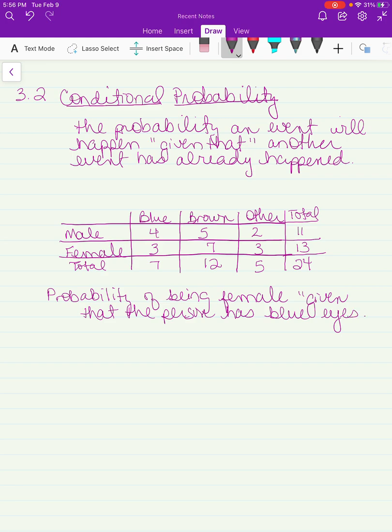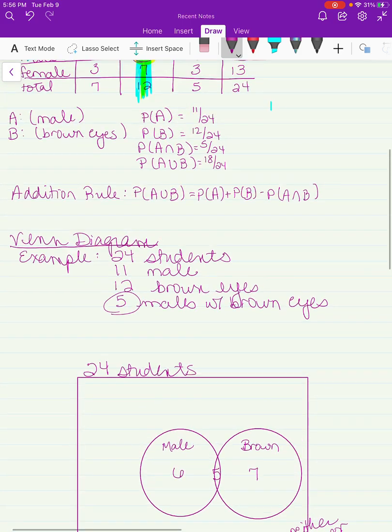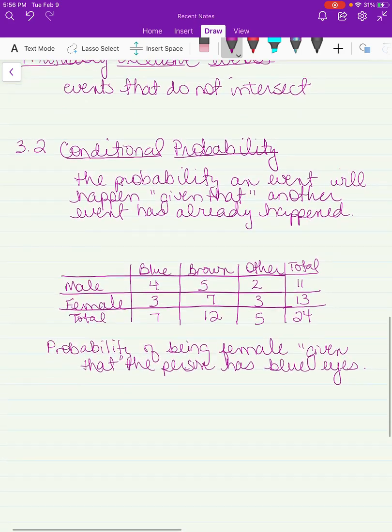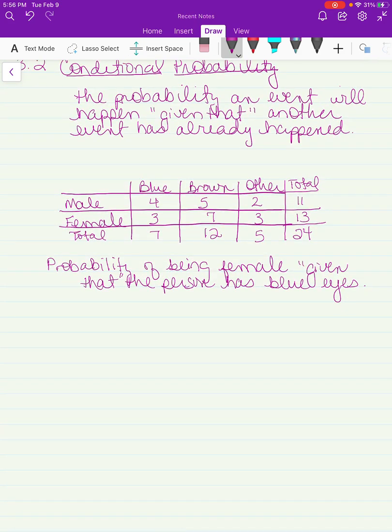Well, once you are given something, what that does is it minimizes the sample space. So you'll notice in section 3.3, when we did these problems, everything was out of 24. It was out of everybody. But once you know something has happened, then you minimize the sample space to what is given or what is known.